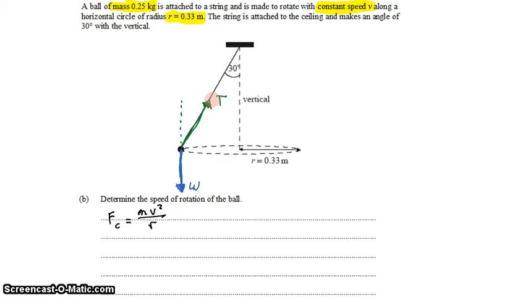But because the tension is at an angle, there's a leftover horizontal component of the tension, and it's this horizontal component which supplies the centripetal force. So the centripetal force is the horizontal component of the tension.